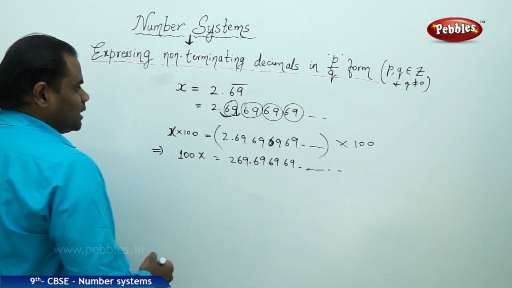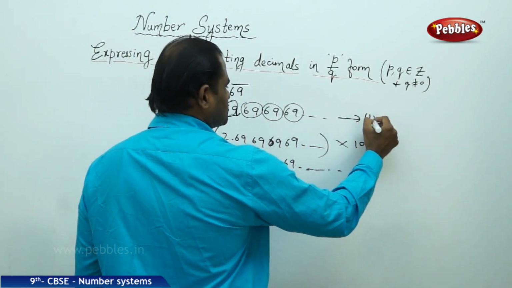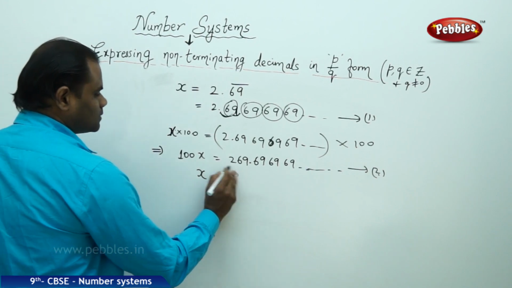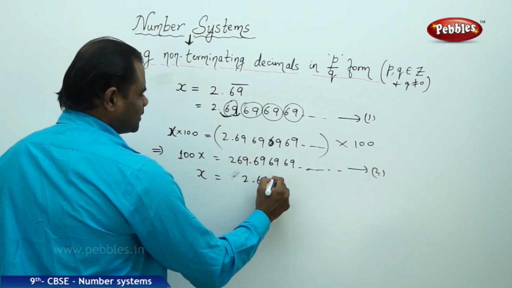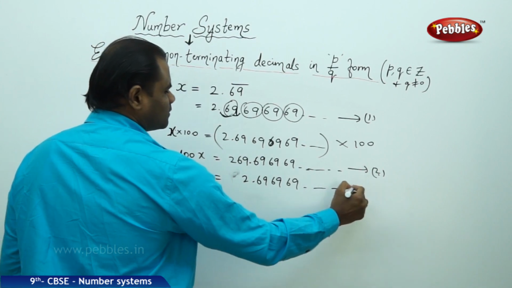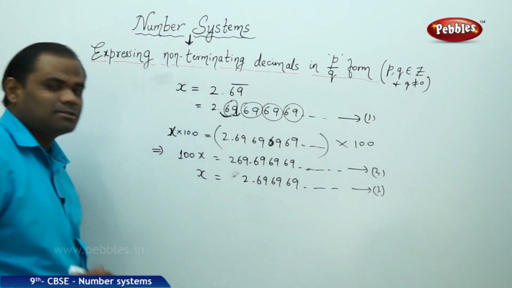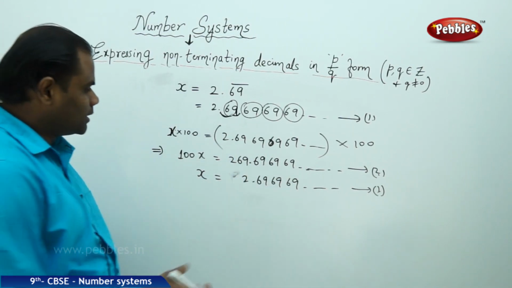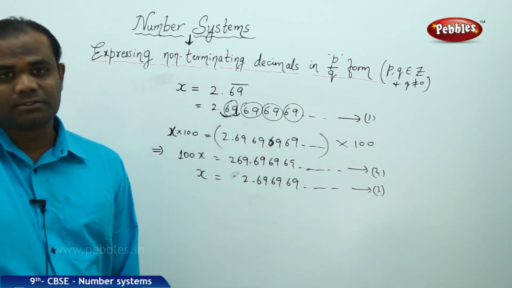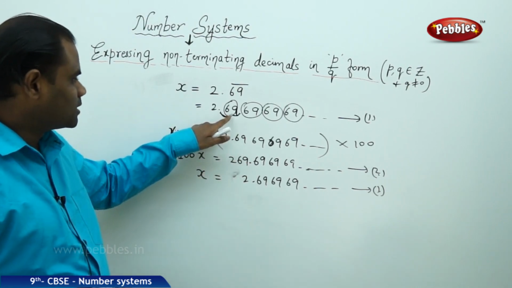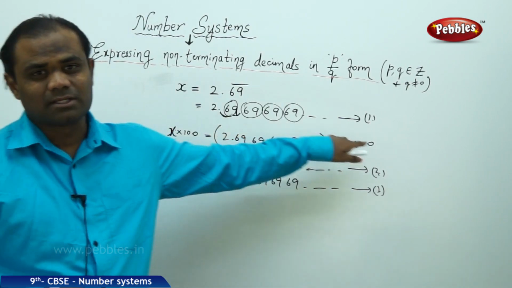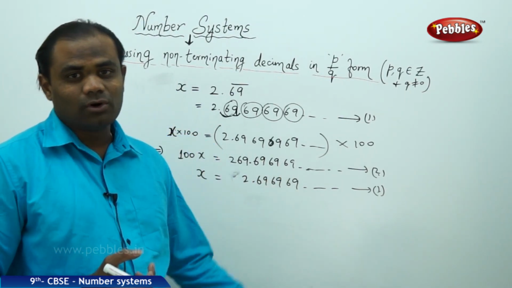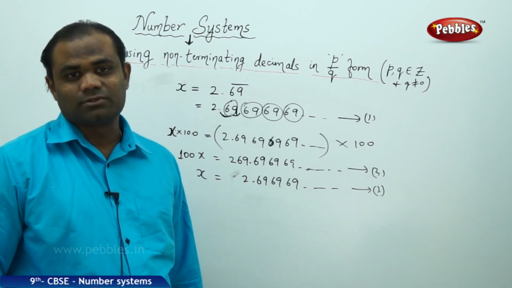And my original x converts to x equals 2.69696969. The reason behind keeping the decimals the same is that when we subtract, all the decimals should vanish, and therefore, in order to make the decimals equal, the only possibility is multiplying by 100 on both sides, so that I can subtract and all the decimal values vanish to 0.